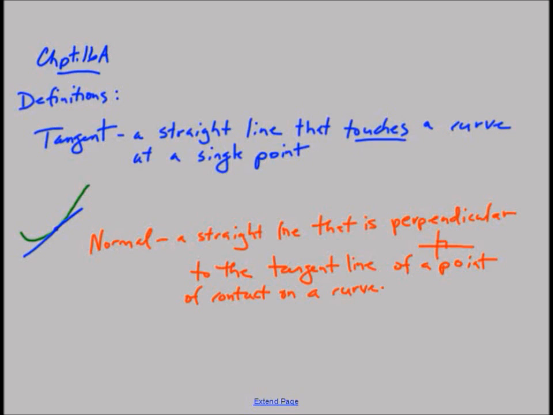All right, so if we know the gradient of the tangent, if we know the gradient and we know the point of contact, we can determine the equation of the tangent line.